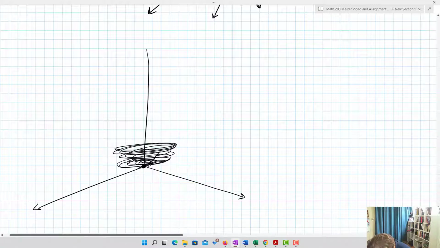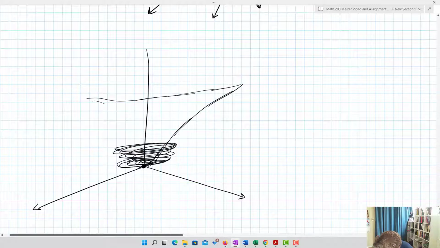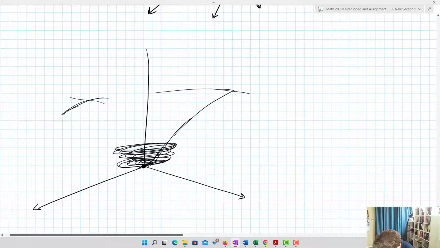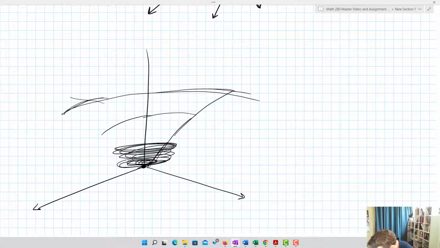Hard to do by hand, right? But it does one of these things, okay? And actually it goes outward. Pardon me, goes outward. Goes outward away, outward away, outward away, right? Just in that first quadrant, if you imagine what's happening there. And it does that in each and every one of the quadrants, right?